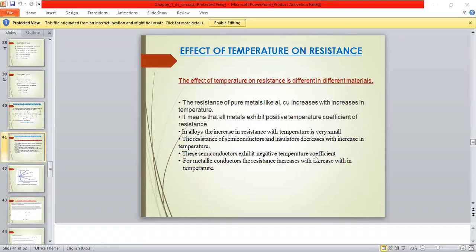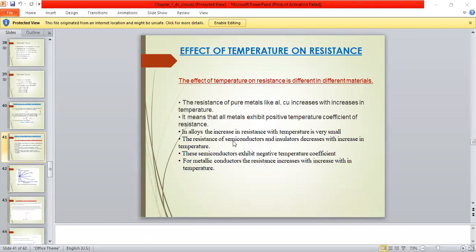So semiconductors और insulators के case में जो temperature coefficient of resistance की value है, that is always negative. वो negative रहती है. Okay, the last point, the metallic conductors which are made up of metals, the resistance increases with increase in temperature. ठीक है, as we have already discussed in the first point, in case of metallic conductors also, the resistance increases with increase in temperature.